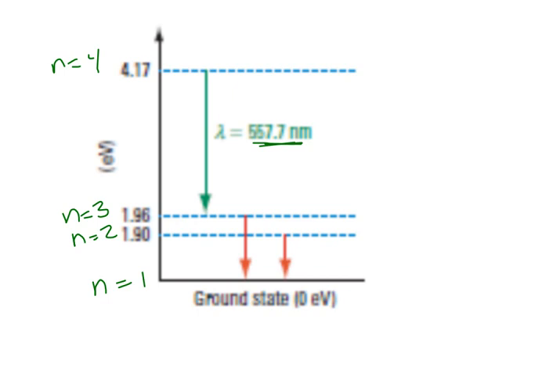Right? Let's just do a quick calculation to confirm. So 4.14 minus 1.96, the difference in energy between those two levels, I got 2.21 electron volts difference.